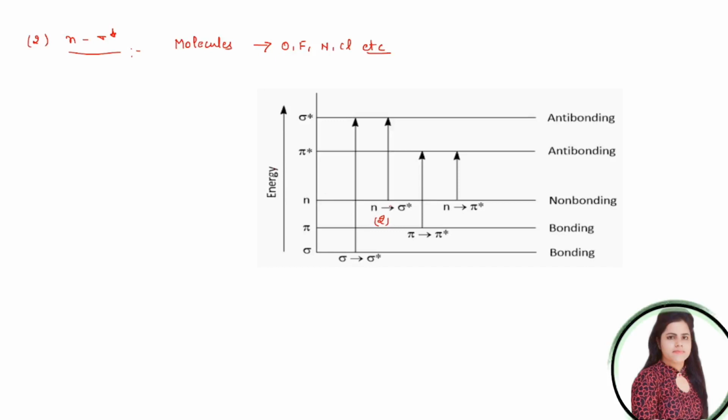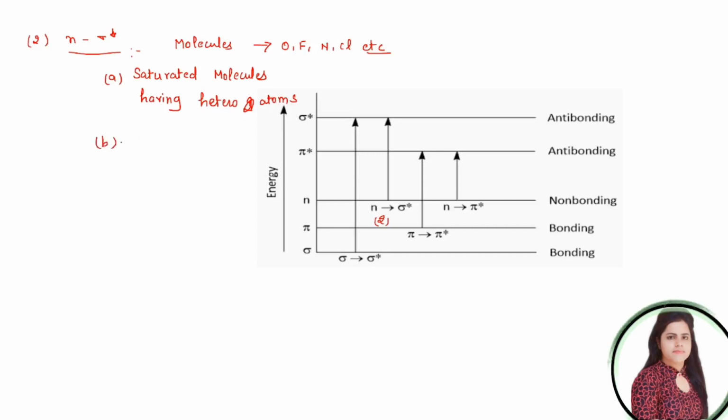These non-bonding electrons are going to sigma star, right? So this kind of transition is happening in saturated molecules having a heteroatom, meaning single bond containing molecules having a heteroatom. So these kinds of molecules will show this transition.